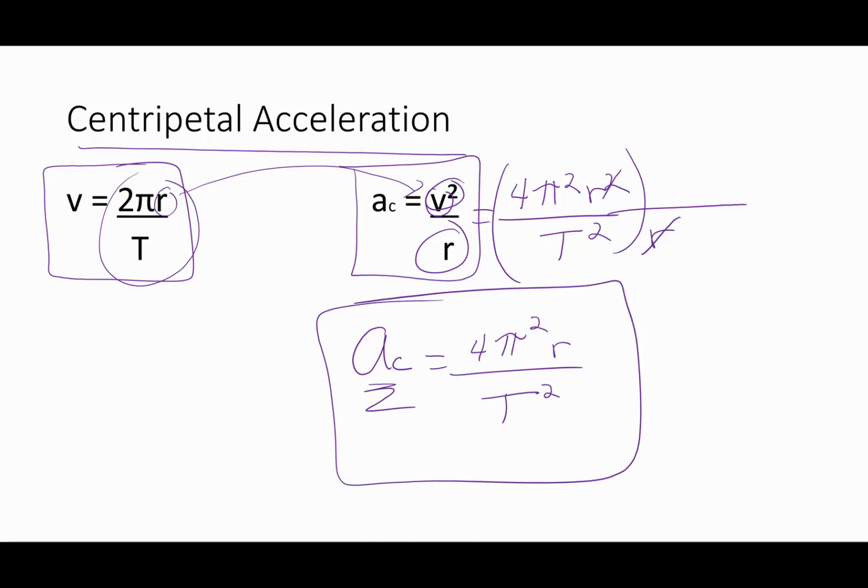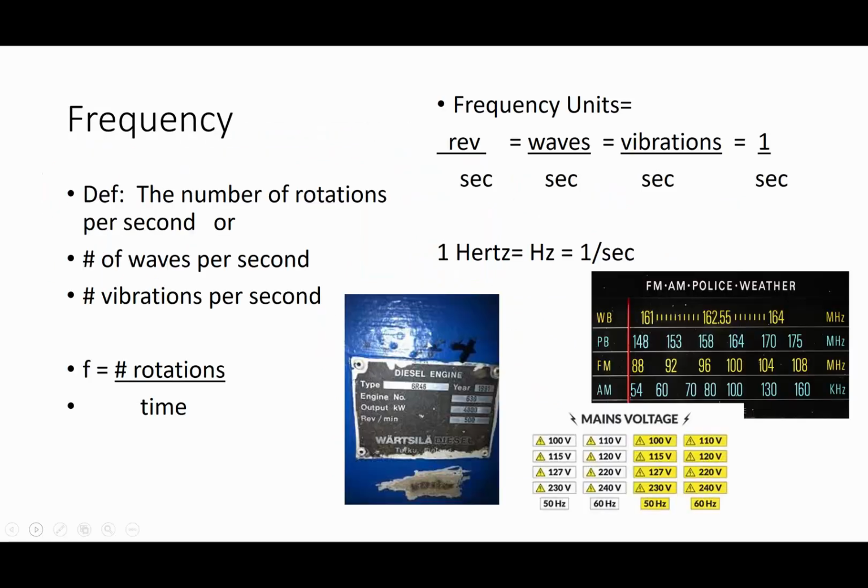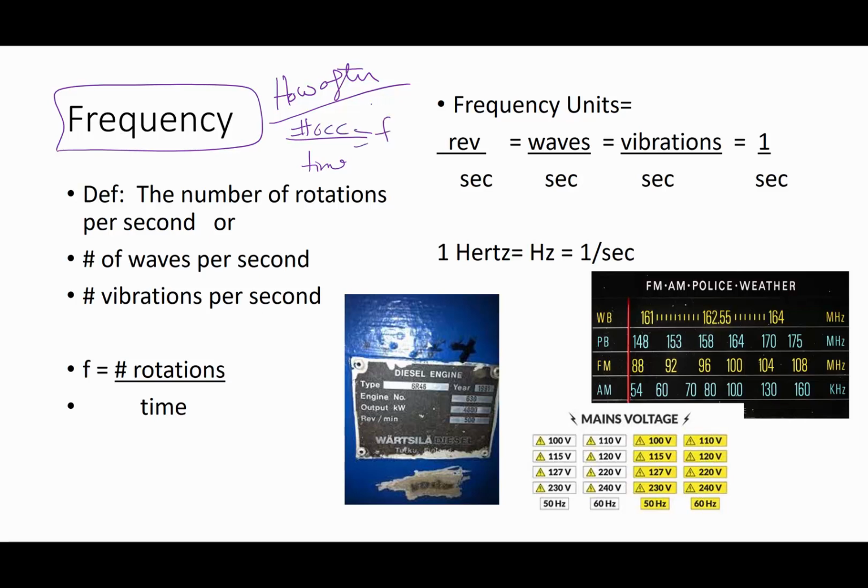Frequency. You understand the basic English definition of the word frequency. Frequency is how often. If I asked you, how often do you get paid? Well, you might get paid once a week or once a month or once every 2 weeks. It is something happens per unit of time. There are a number of occurrences per unit time, and that's frequency.